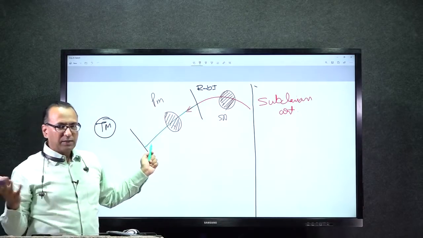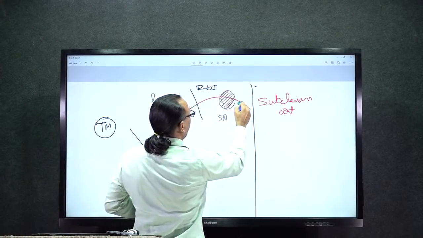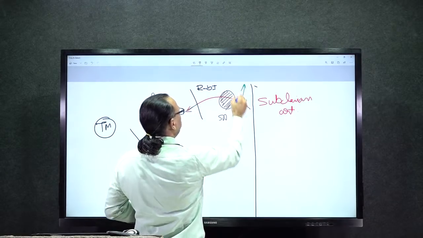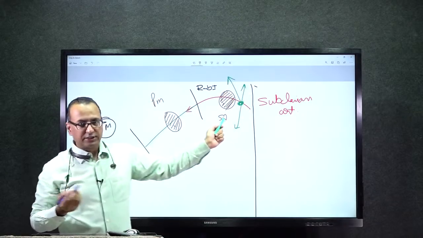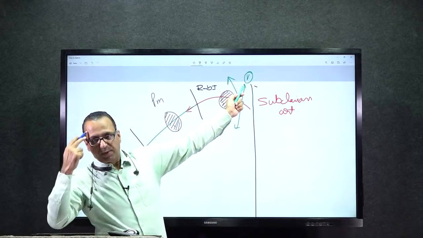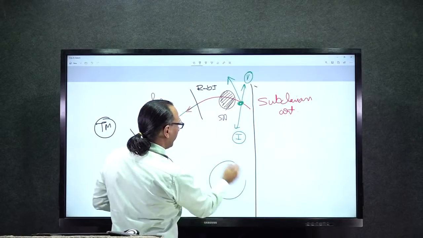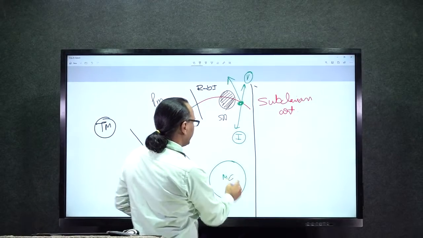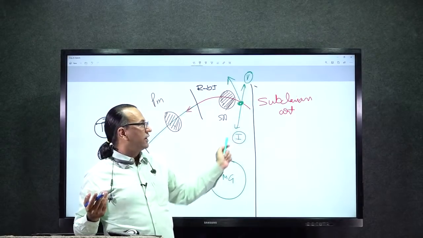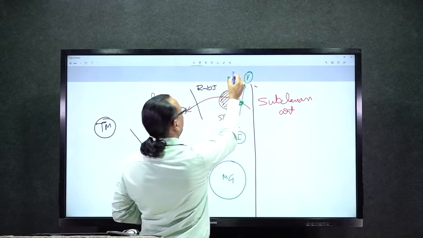What are the branches from the first part of the subclavian artery? The VIT branches. And in the VIT branches, what is this V going up? The vertebral artery to the circle of Willis in the brain. And what is this I coming down? It is going to supply the mammary gland here. So it is the internal mammary artery or internal thoracic artery. And what about this artery here in the VIT branches? What is T?